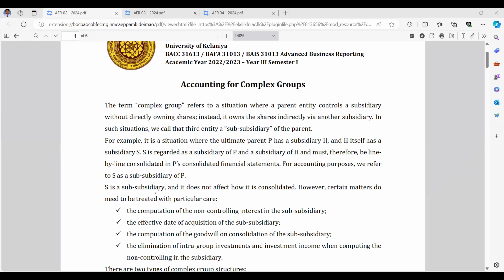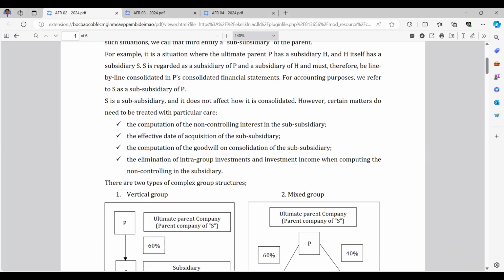However, certain matters do need to be treated with particular care: the computation of the NCI in the sub-subsidiary, the effective date of acquisition, the computation of goodwill, and the elimination of intra-group investment and investment income when computing the NCI.